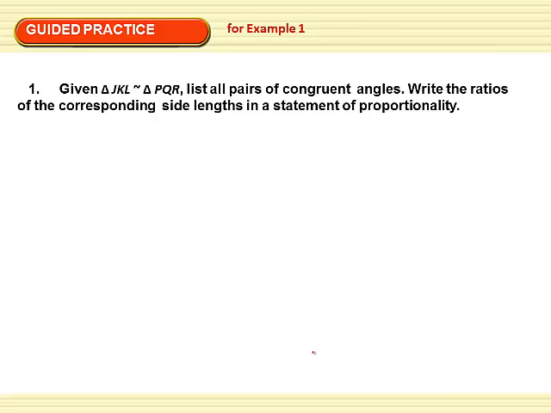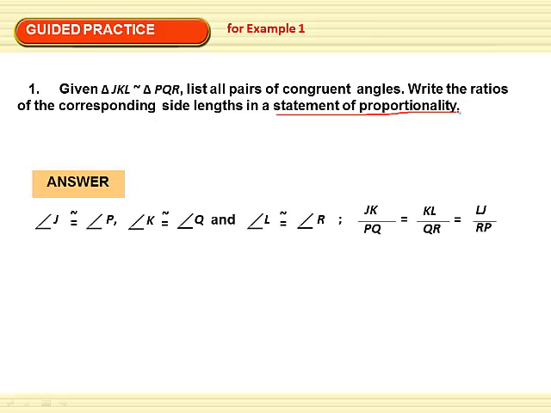Okay, so given triangle JKL is similar to triangle PQR, list all pairs of congruent angles, and write the ratios of the corresponding side lengths in a statement of proportionality. So this is exactly what we just did, only I give you its similarity statement. I don't give you a visual. So what you can do is just read off the corresponding positions.